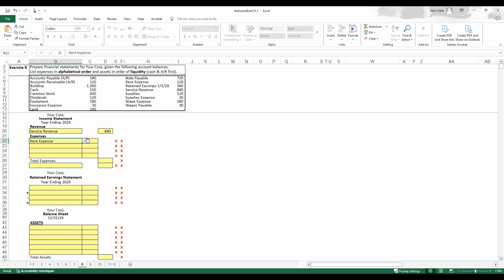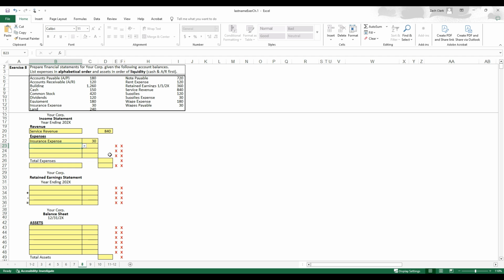While it's still an expense, this problem is built to pick the first expense on the list. So if you're getting confused about why rent expense is still not getting rid of the red X, there is an order that this needs to go in, and alphabetical order is the appropriate one. And that is generally the correct listing on an income statement, alphabetical order for the expense accounts.